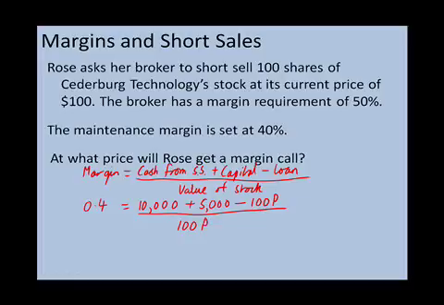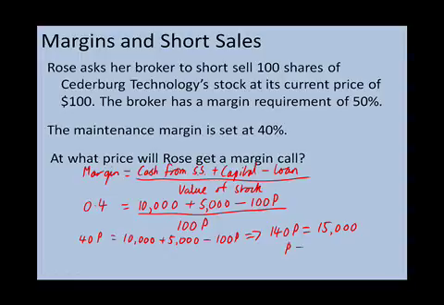First thing to do now is multiply both sides by 100 times P, which gives us 40P, which is equal to 10,000 plus 5,000 minus 100P. So if we add 100P to both sides, we get 140P equals $15,000.